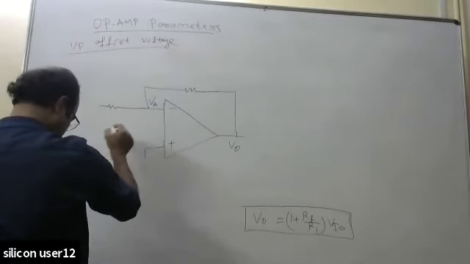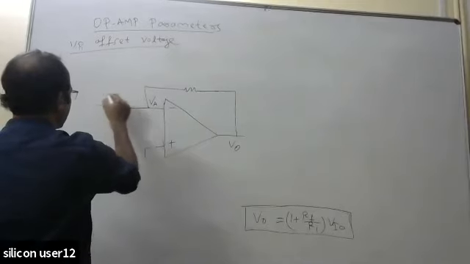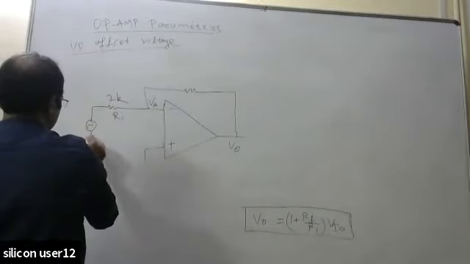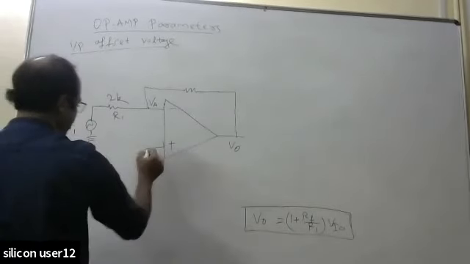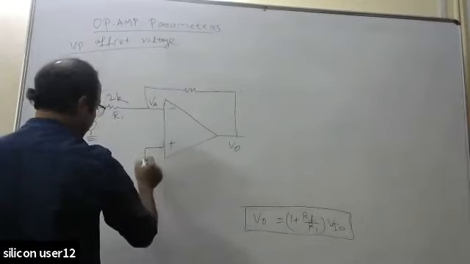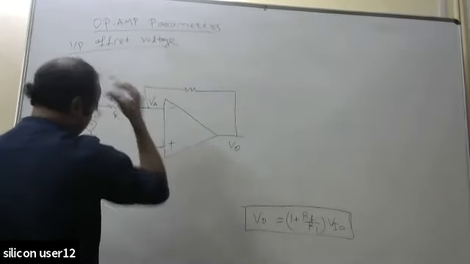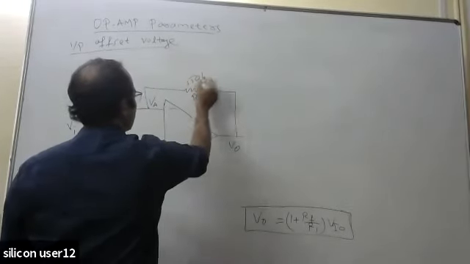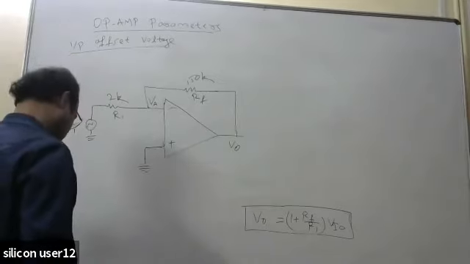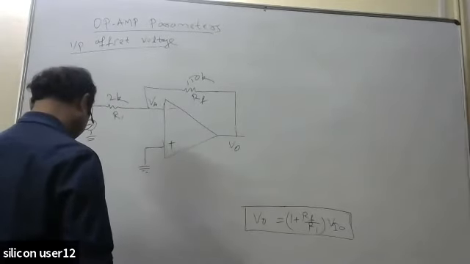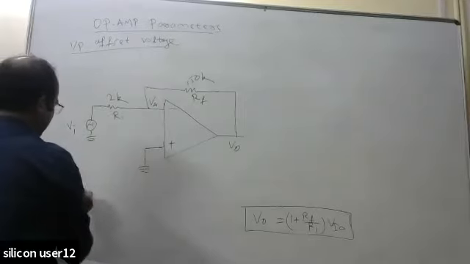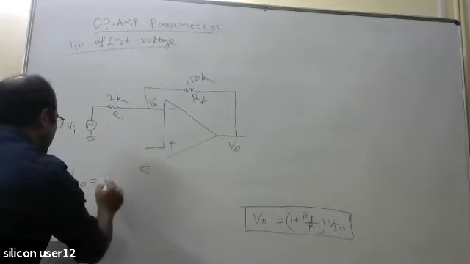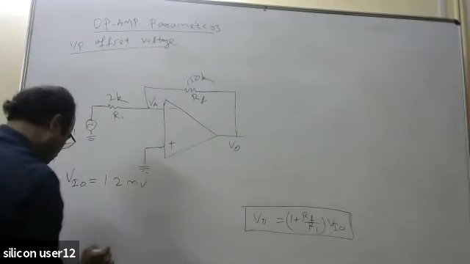It is given that R1 equals 2K, and some input signal Vi is given, and this one is grounded. RF is 150K. It is also given that the input offset voltage VIO is 1.2 millivolts.